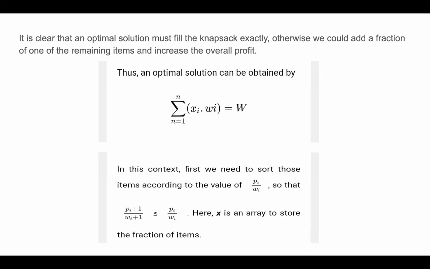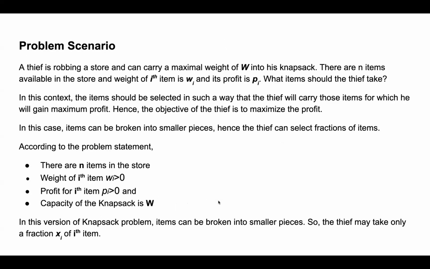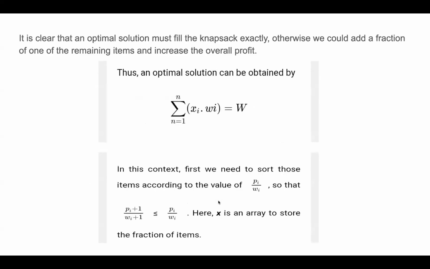In the last slide we saw that we have to maximize the profit, and we have the limitation of the weight of the knapsack: xi into wi should be less than or equal to W. Then for getting the optimal solution, the knapsack should be full.